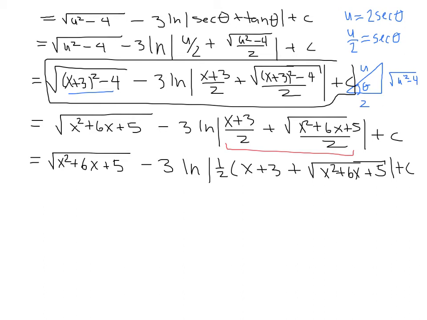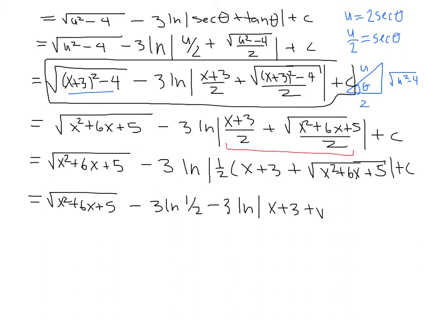And because of properties of logs, this is the same thing as root x squared plus 6x plus 5 minus 3 times ln of 1/2 minus 3 times ln of x plus 3 plus root of all that stuff.